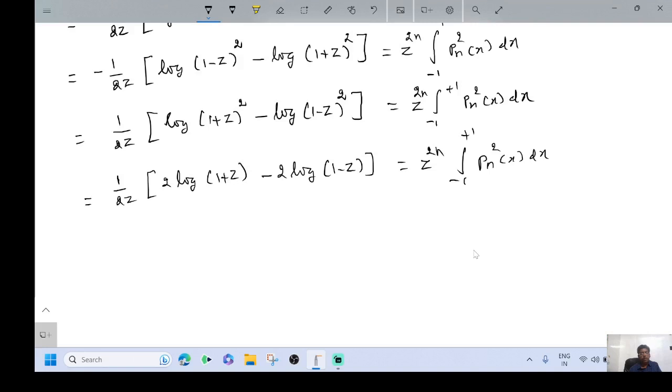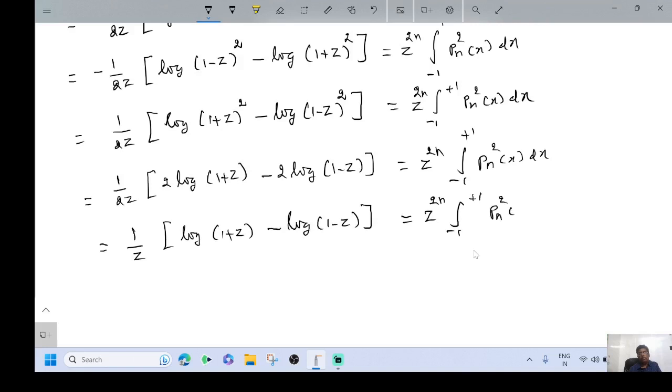Take these two outside, you may get 1 divided by z into log of 1 plus z minus log of 1 minus z, equal to z power 2n, minus 1 to plus 1, pn square of x into dx.